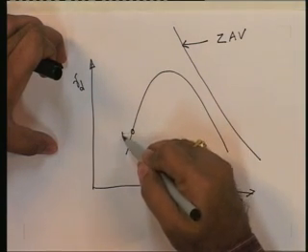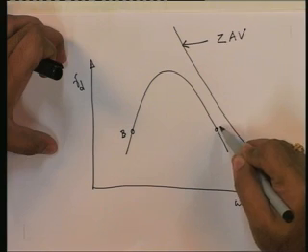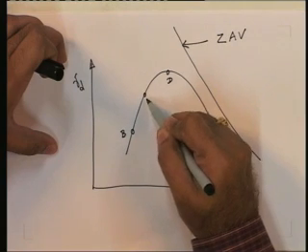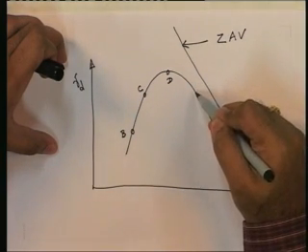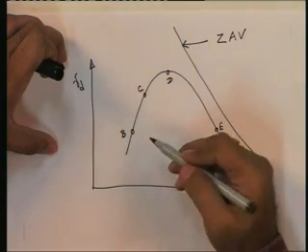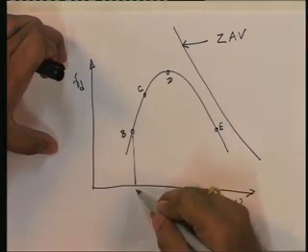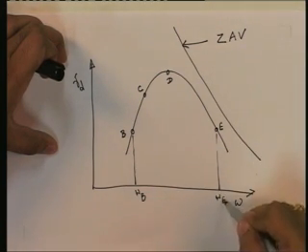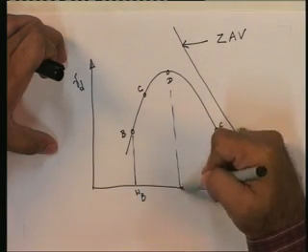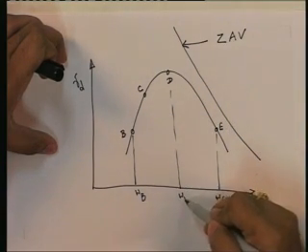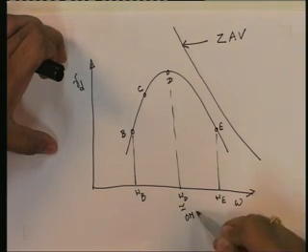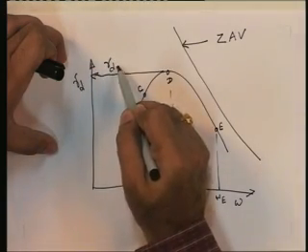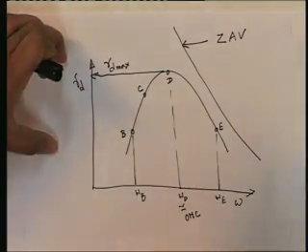Let us indicate point B, point E, D, C. At this point the water content is WB, at this point the water content is WE, and at this point the water content is WD, which is equivalent to optimum moisture content, and this is nothing but gamma d max, the maximum dry unit weight.